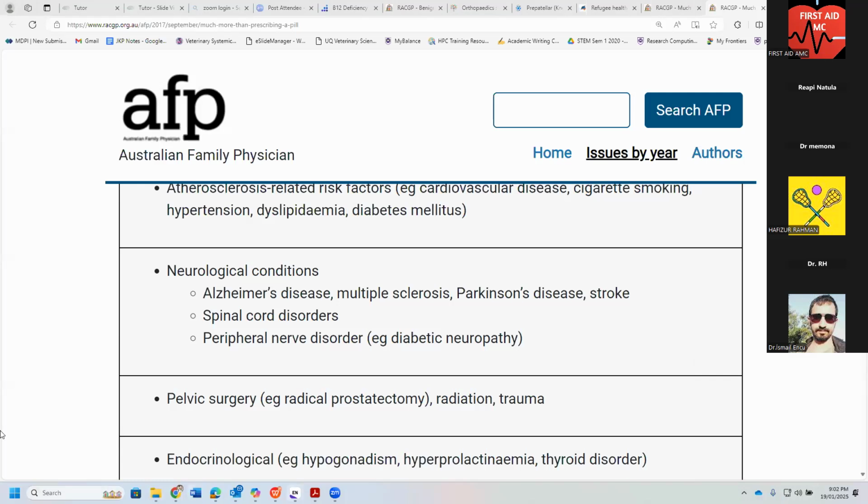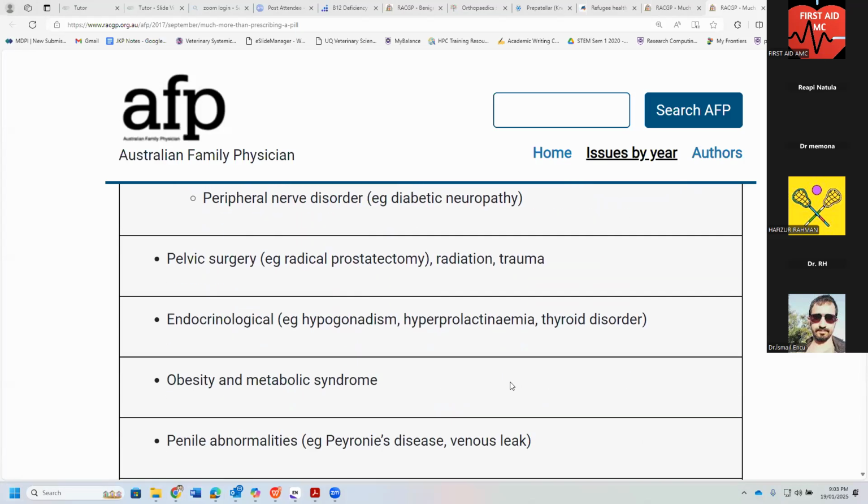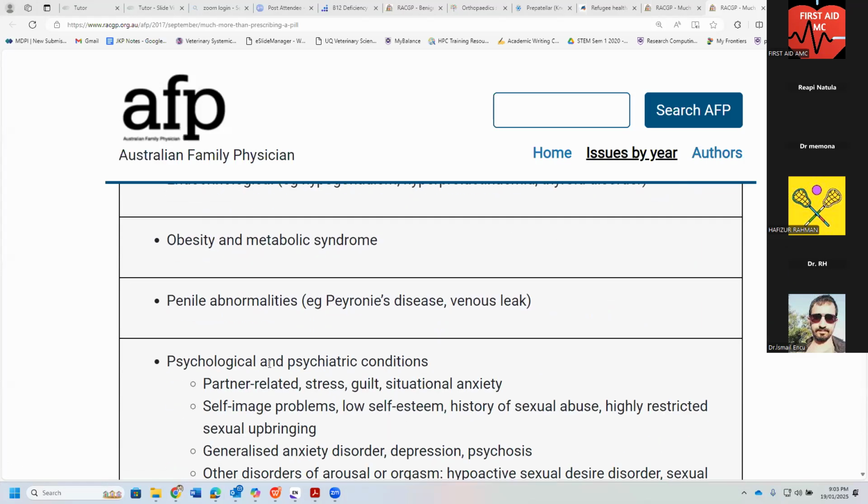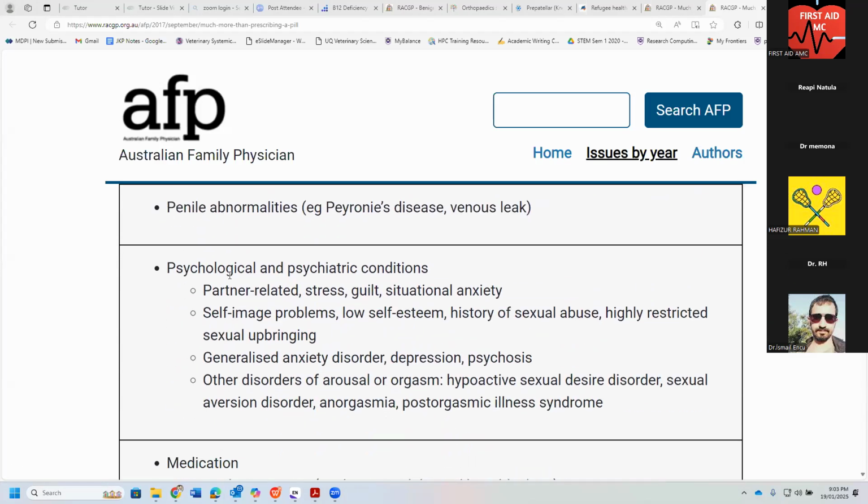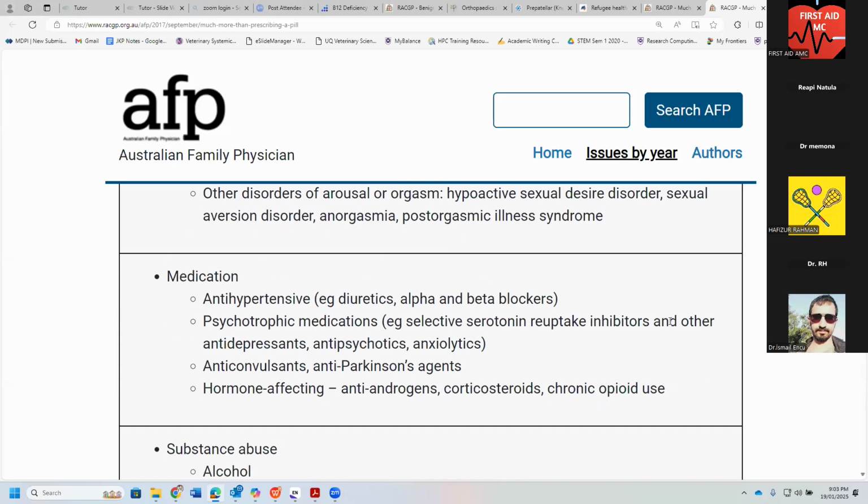Peripheral nerve disorders, pelvic surgeries, endocrinological disorders, especially hypogonadism, hyperprolactinemia, thyroid, obesity, a major cause after cardiovascular risk factors, atherosclerotic ones, metabolic syndrome, penile abnormalities, rare causes, psychiatric and psychological, the most common cause of erectile dysfunction after atherosclerotic ones.